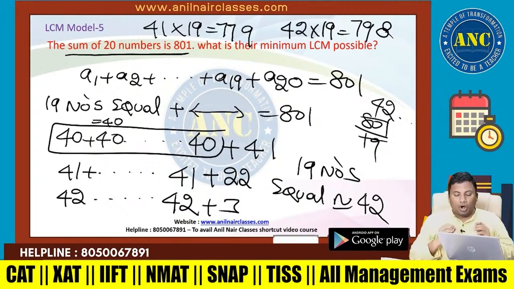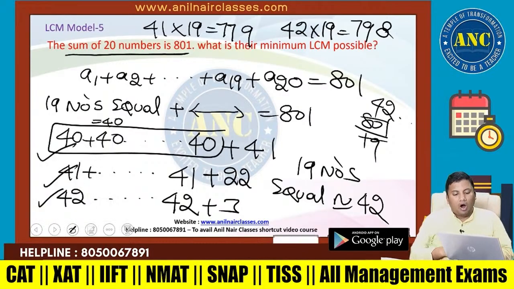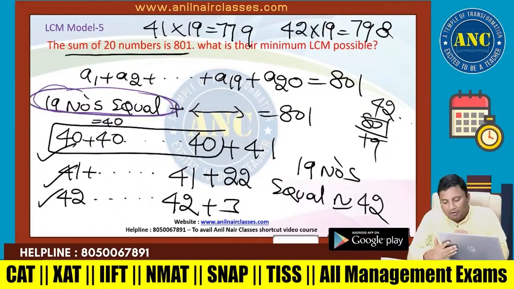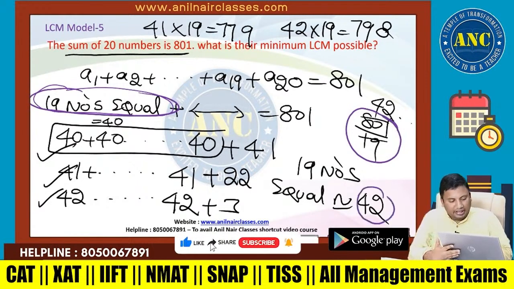How did you get 40, 41, 42? All the 20 numbers cannot be equal, so 19 numbers need to be equal. If the 19 numbers are to be equal, 801 divided by 19 is closer to 42, so take the values 40, 41, 42.